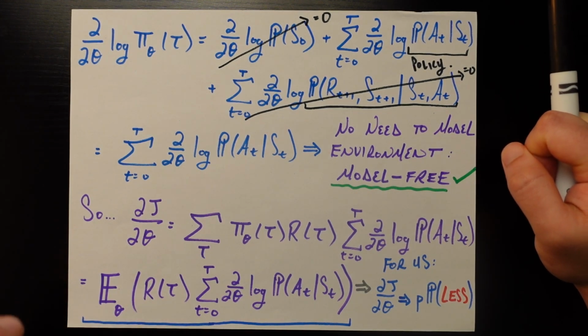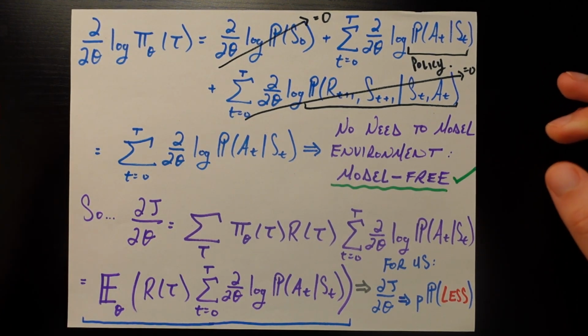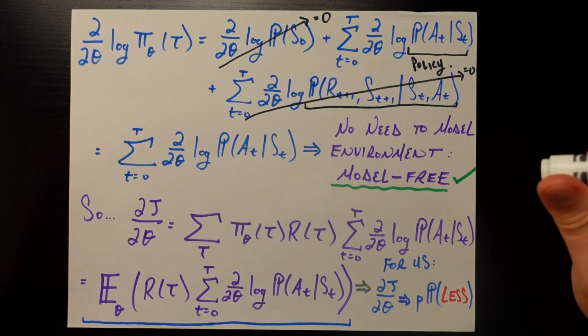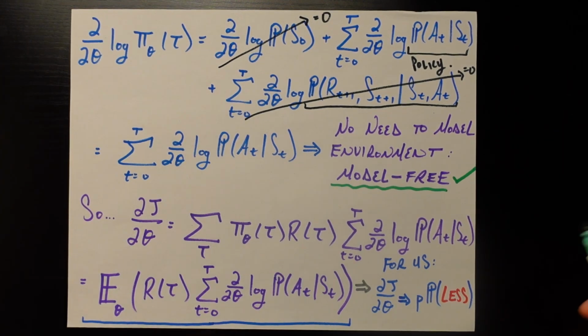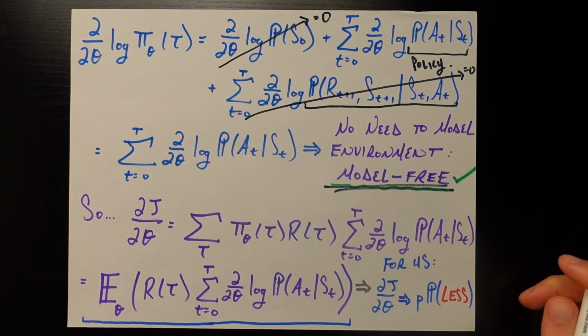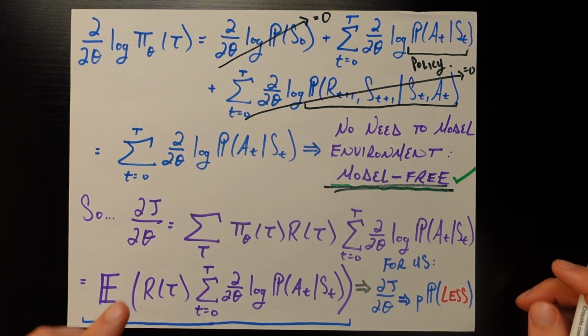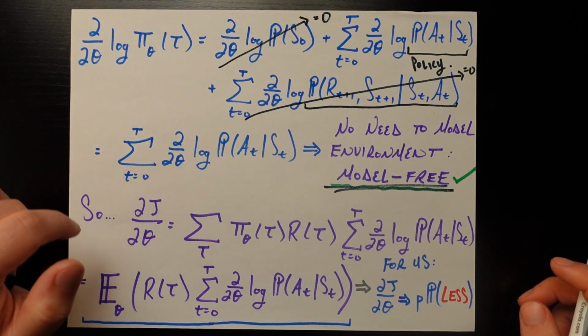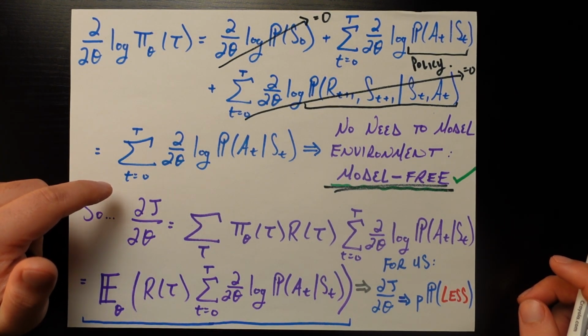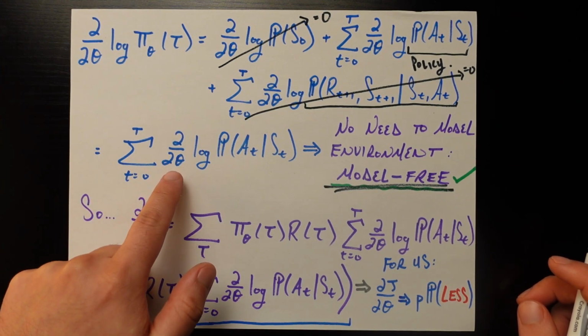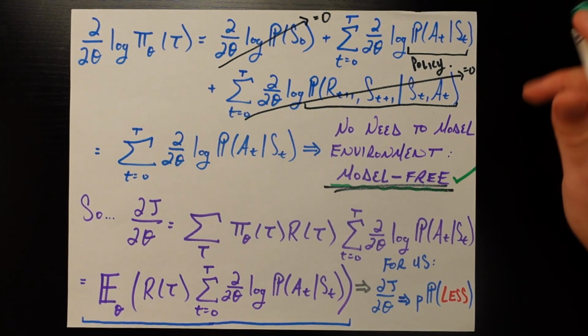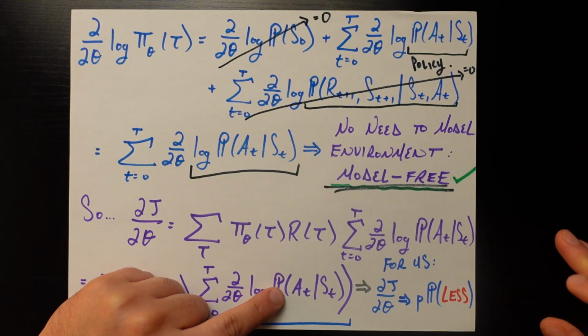And so it is an awesome property, and really what makes these policy gradient methods powerful and usable in the real world is that they are model-free. There's no need to model the environment, and all this reduces to is basically just the sum over all these time periods in the trajectory of the derivative with respect to our policy parameters of just the term that pertains to our policy.